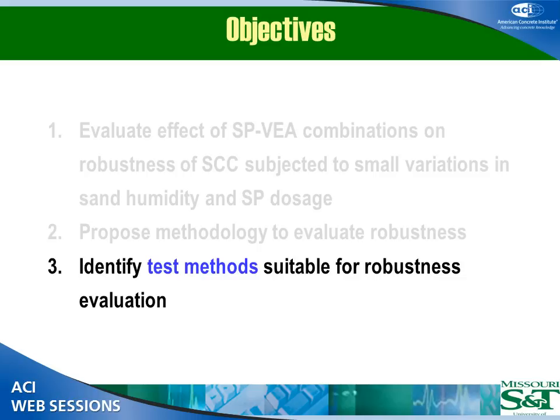So very quickly, and here I'm hopefully going to whet your appetite to go and consult the paper, because there's a lot of statistical approach involved here. We wanted to see, is there a set of test methods on the fresh and hardened properties that would give us the same kind of ranking as looking at 20 different properties.